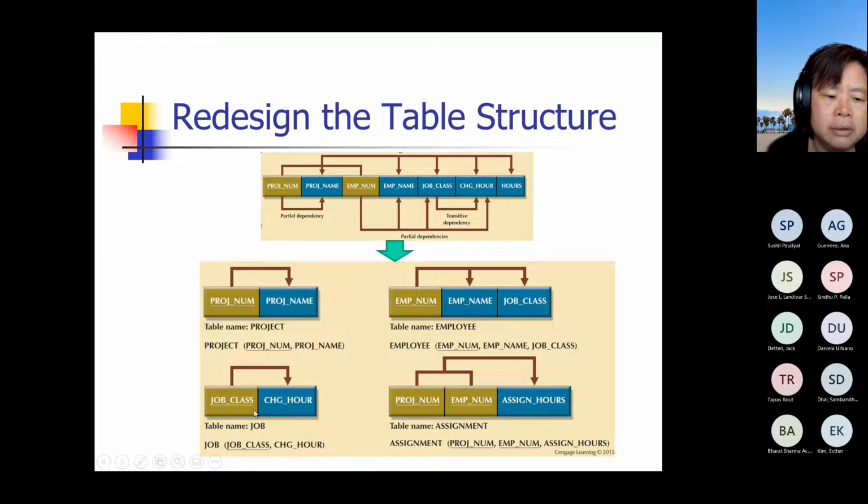And the same for the job classification, we might have an ID for job classification instead of just the description and the charge. So those changes might help improve the data process and retrieval.